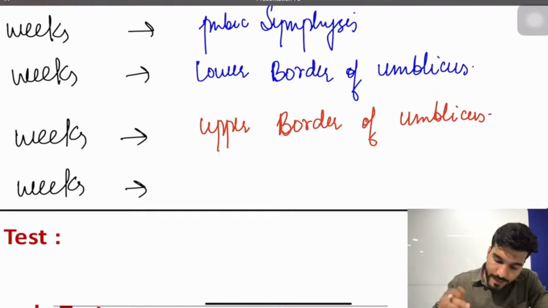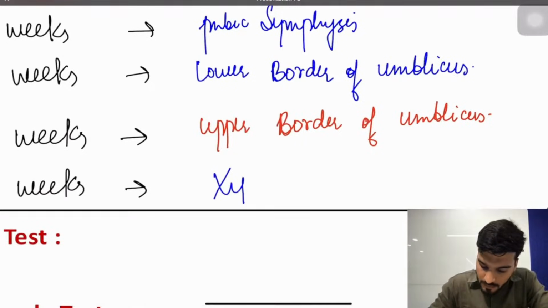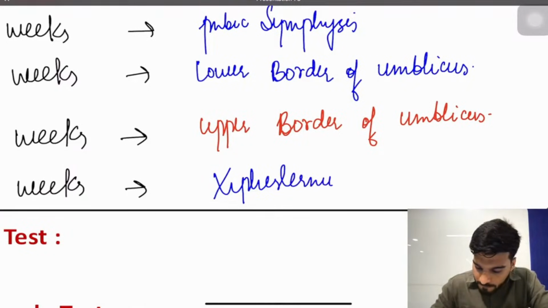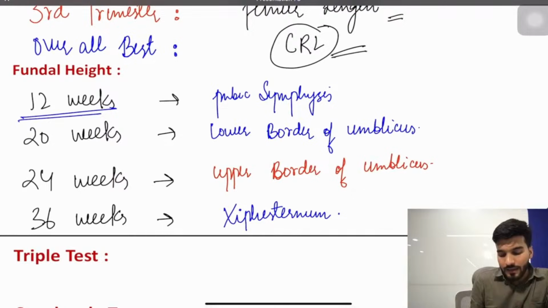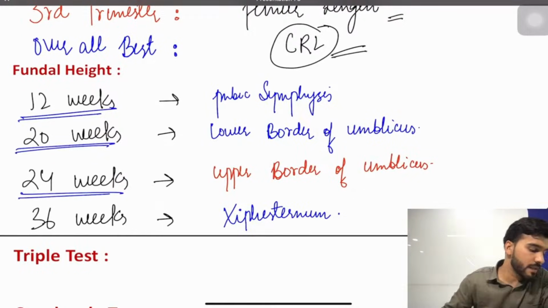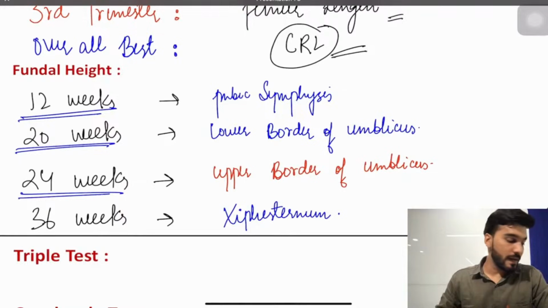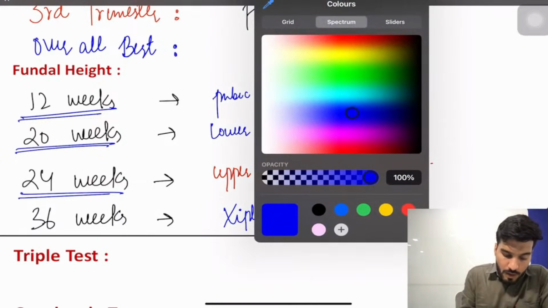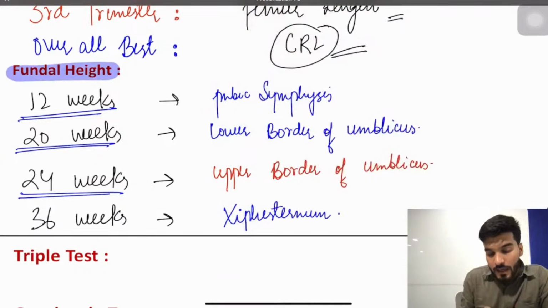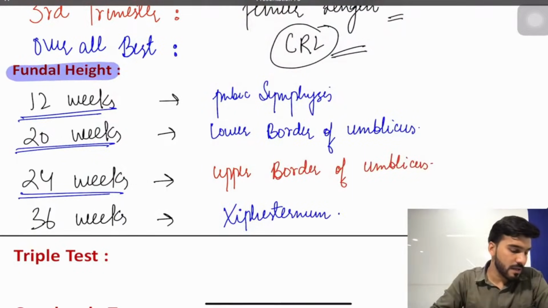And at 36 weeks it is xiphisternum. 36 weeks is the safest gestation, and beyond that the head is not palpable. Is that clear? So that is about the fundal height. Remember the formula PUX: pubic symphysis, upper border of umbilicus, and xiphisternum.